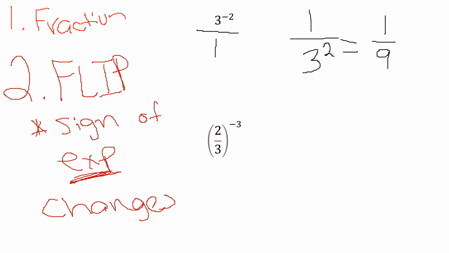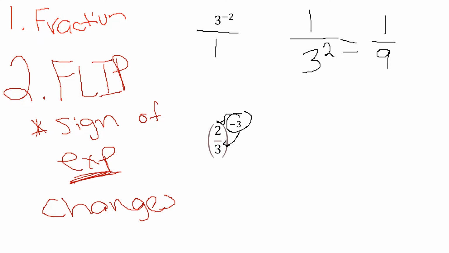So anytime an exponent changes the side of a fraction, the sign of the exponent changes. Now, when I have something on the outside of this, I'm going to give this to both pieces, because remember the parentheses sticks everything together.